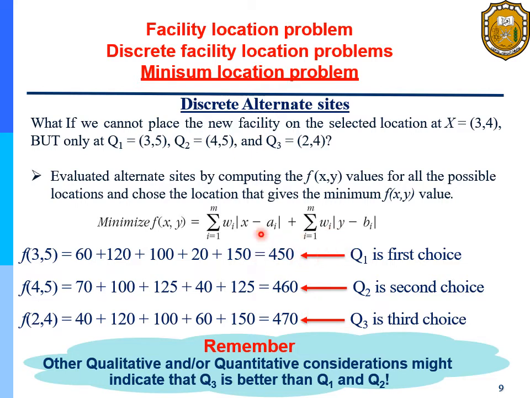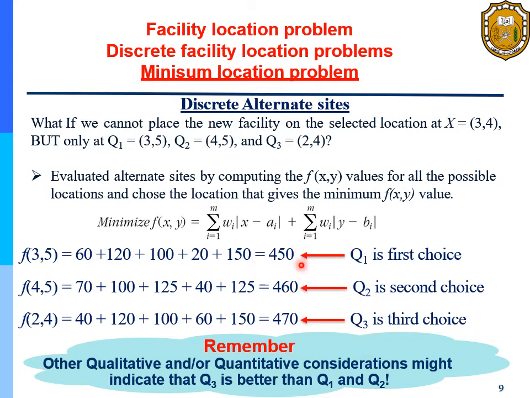But if you want to minimize the sum of the distances, and at the same time maximize your customer satisfaction, or you have some restrictions on some of these choices, and you see that their objective function values are very close to each other, say this is 450 and this is 460, but in terms of the secondary criteria Q2 is much better than Q1, then you can still select Q2 or Q3.